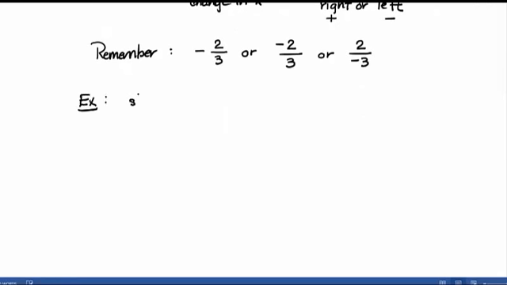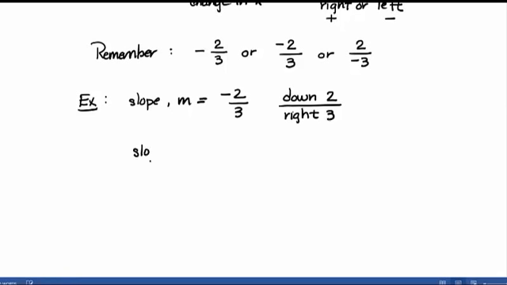Okay, so let's just give a couple examples. If I have a slope, or my m equals, say, negative 2/3, this means I'm going to go down 2 and to the right 3.